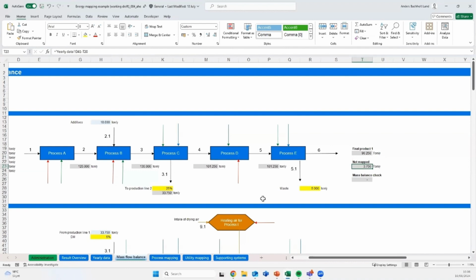So it's also a help to see if you're actually accounting for everything. And this is why it's so important to use the data and let the data speak for itself, and not try to fit the data so you can account for everything. Because then you cannot learn from it.